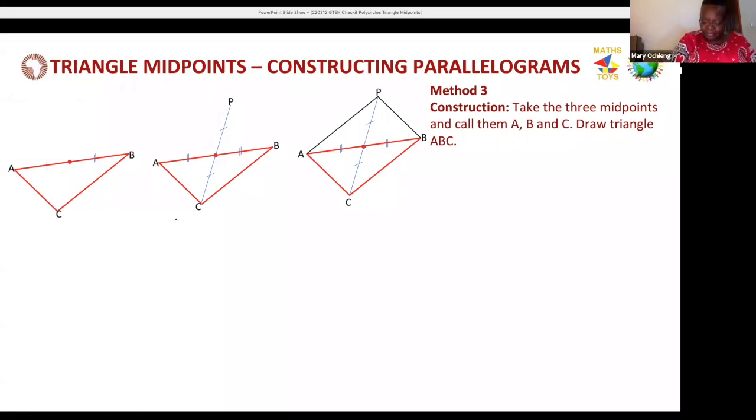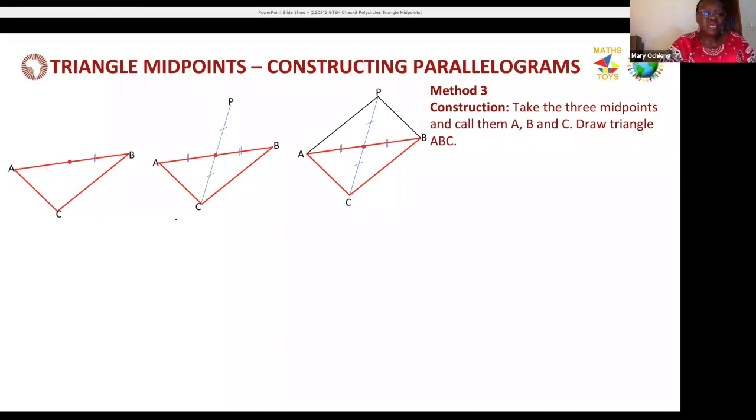So now we're still looking at triangle midpoints, but now looking at the triangle that we have, triangle ABC, on the far left.